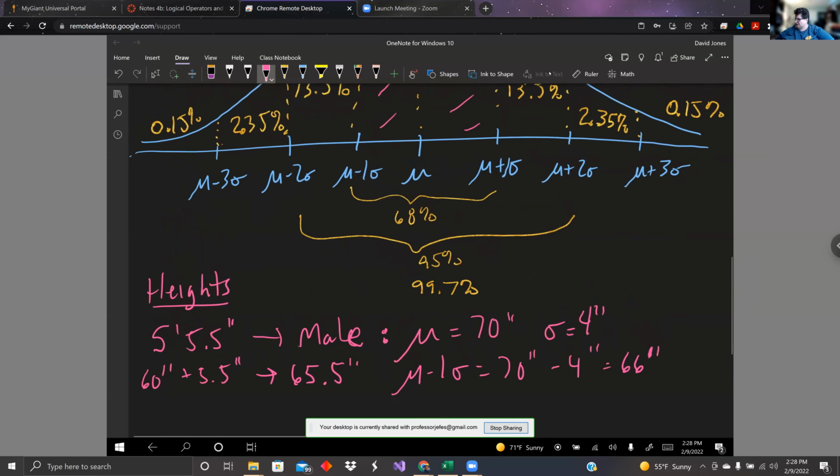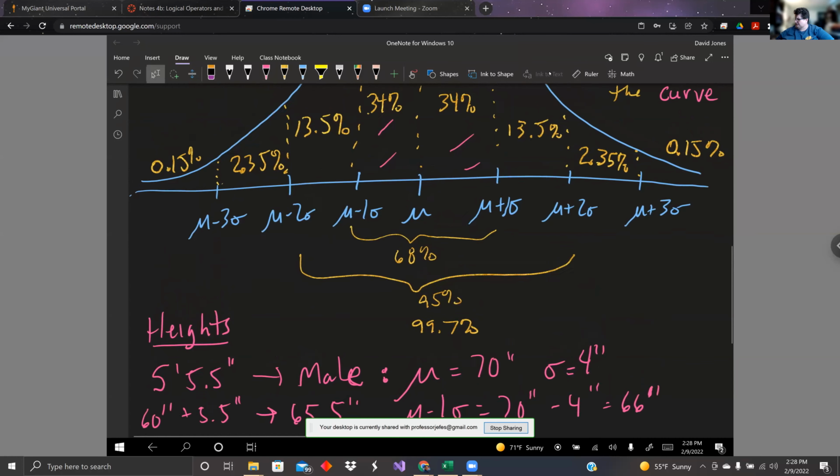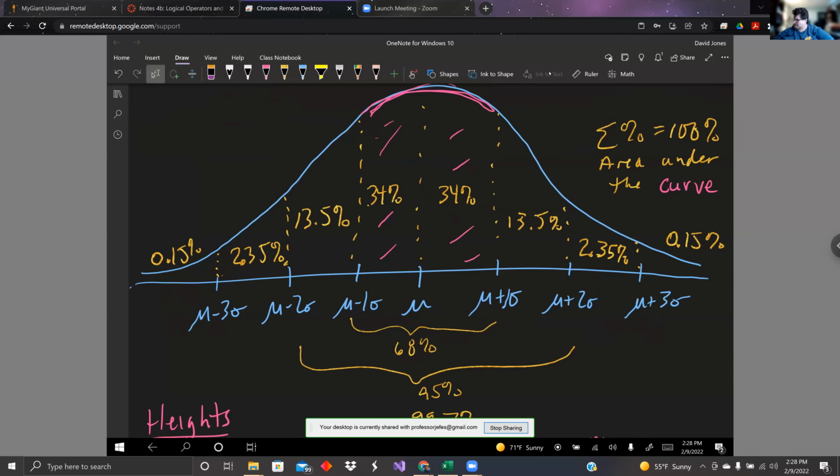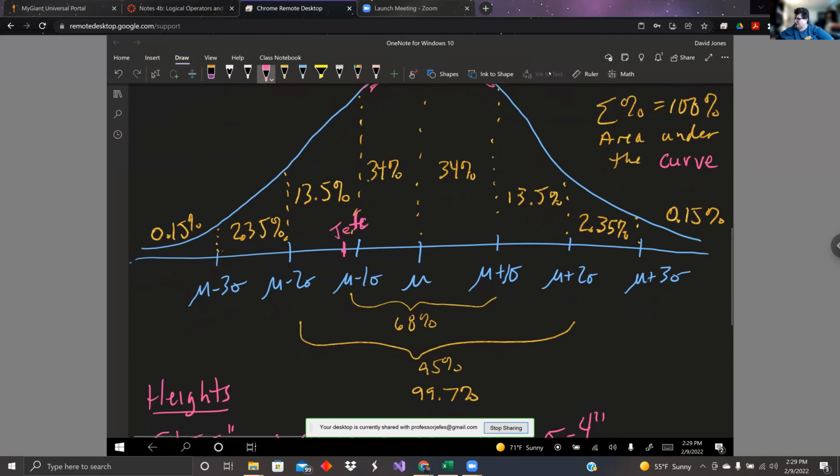So on this little spectrum up here, let me get rid of this shading right there. I would be somewhere just to the left of it because I was lower than it. This is Professor Jones, and this is on a men's chart.